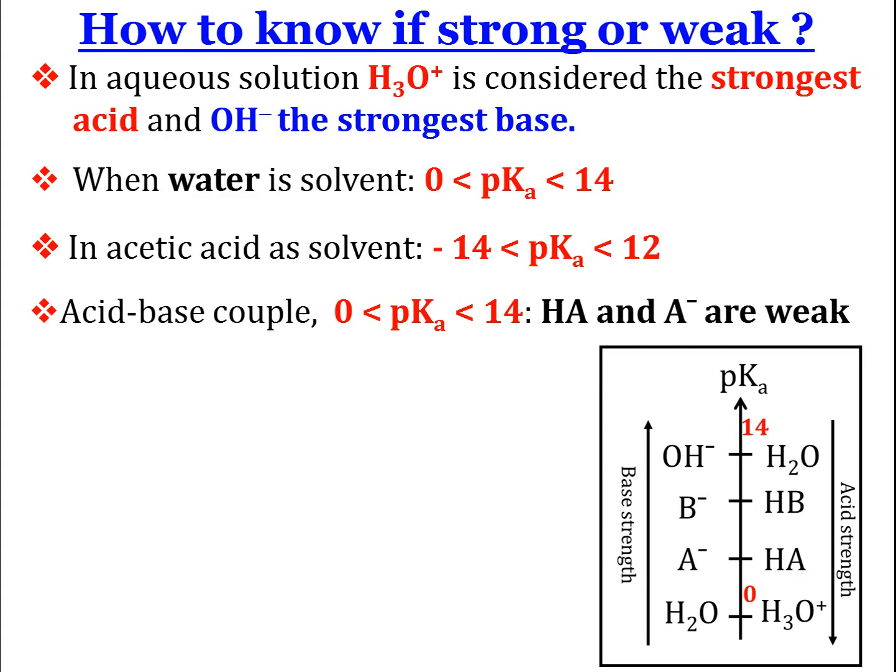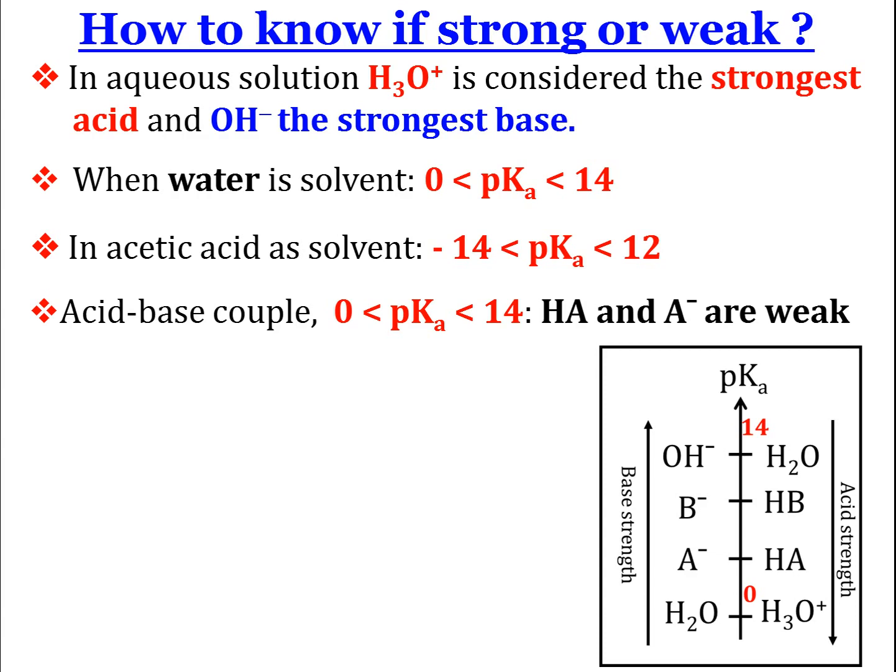So this is a way to know if the acid we used is strong or weak. Consider an acid HA with pKa, for example, equal to 4.7. Since this value, 4.7, is between 0 and 14, this acid HA is weak and its conjugate base is weak. Consider, for example, HCl.